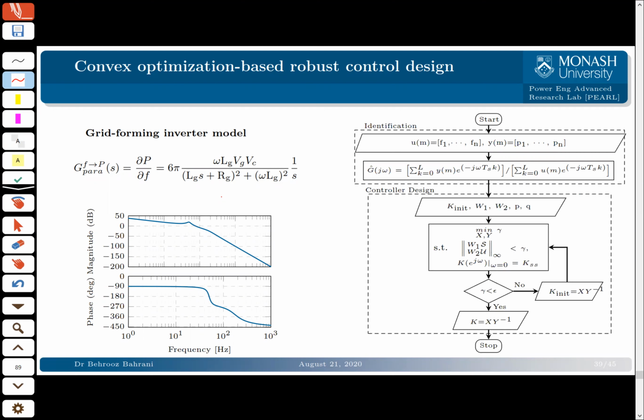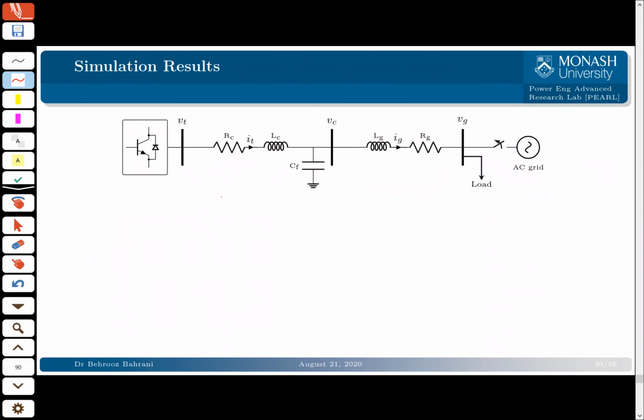Then we took the same approach of designing a controller based on a given performance in an optimization problem in a reiterative way. We took droop control as the initial controller, and came up with a control design for the primary controller of a grid forming inverter, which can give us better performance.